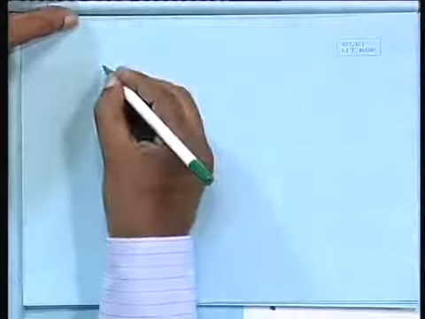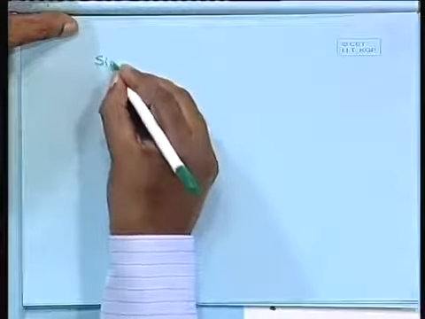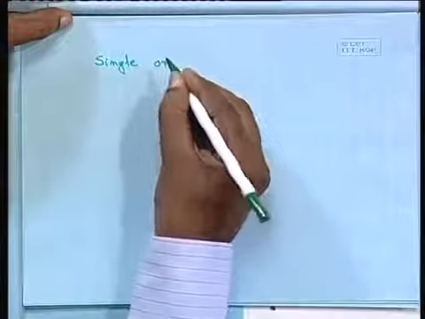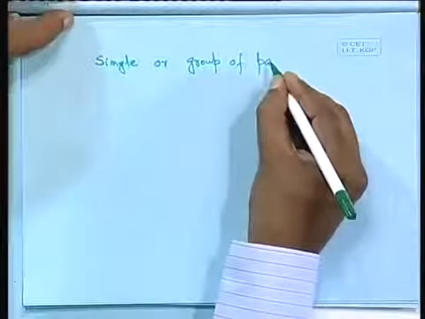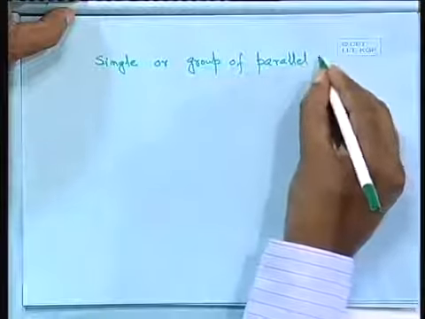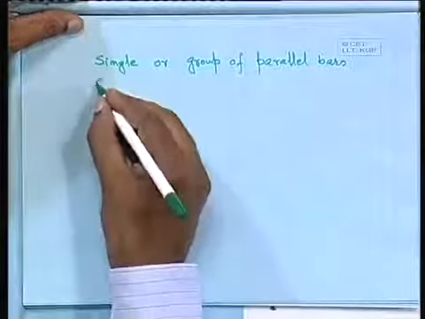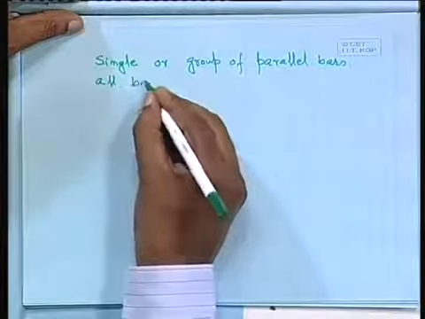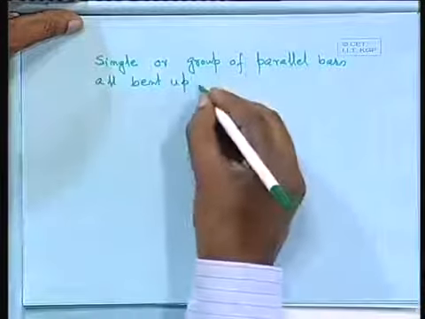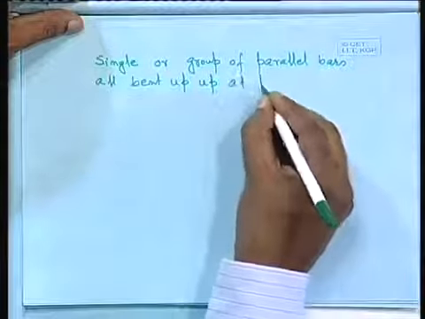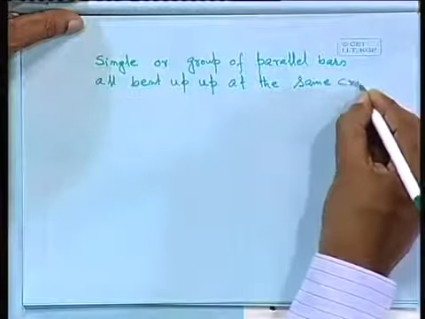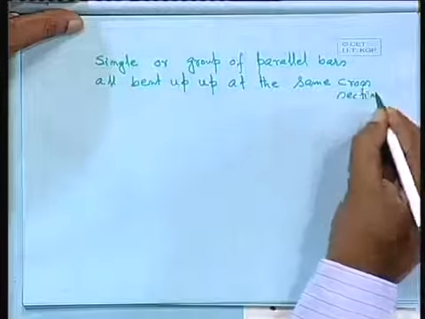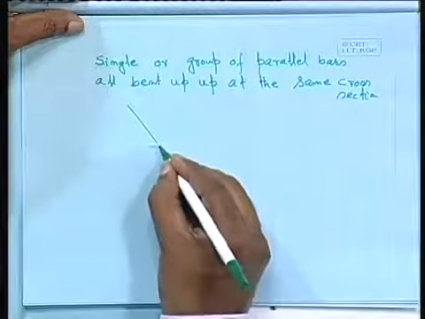Let us come to the single bar or group of parallel bars all bent up at the same cross section, and let us say that is making a certain angle, say alpha.